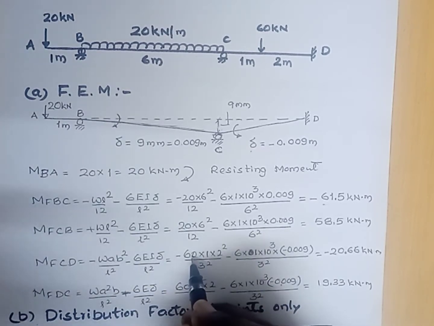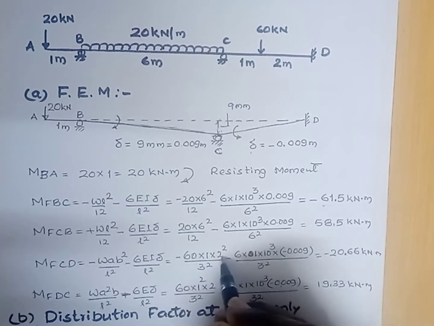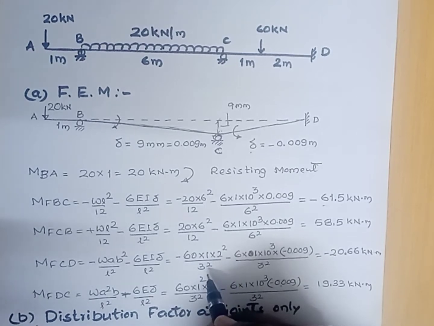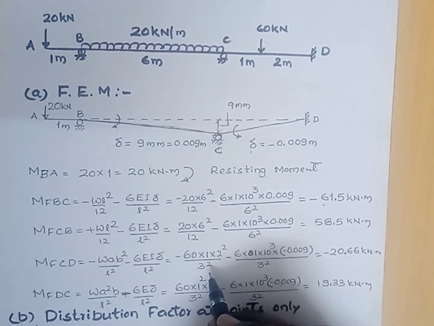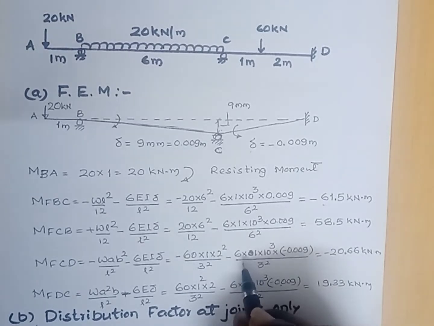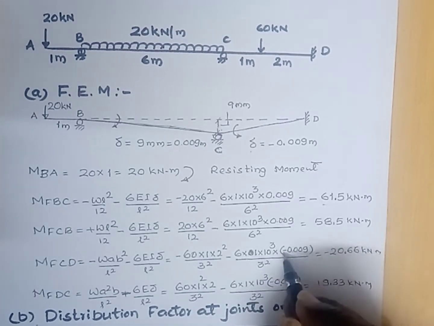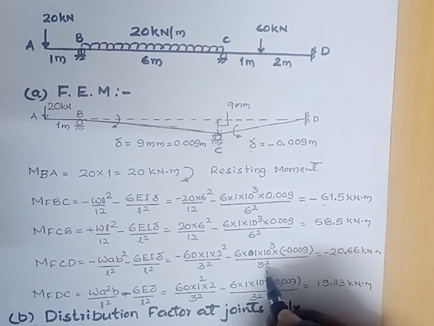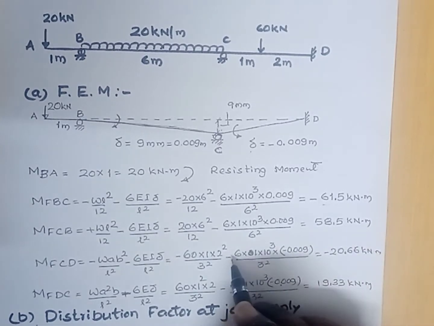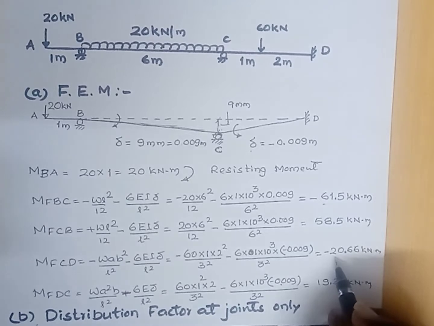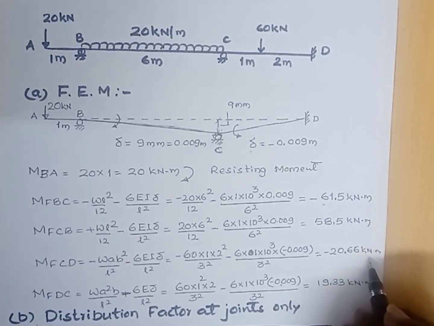W is 60, a is 1, b is 2, L is 3, minus 60 into 1 into 2 square divided by 3 square. This one is anti-clockwise. Then due to the sinking of the support, minus 6, EI is 1 into 10 to the power of 3, and delta is negative, minus 0.009 divided by 3 square. Here minus into minus is plus, then this becomes minus 20.66 kilonewton meter.